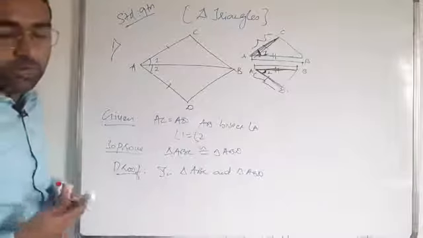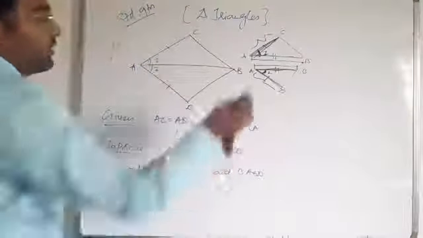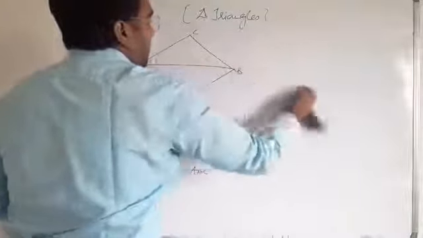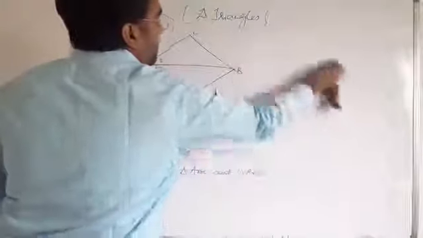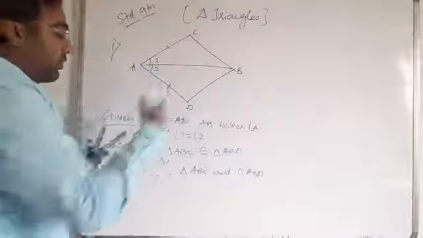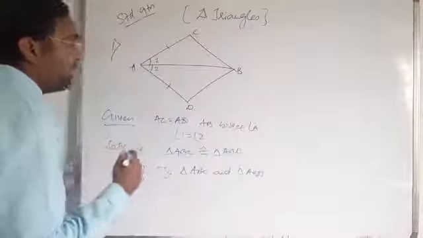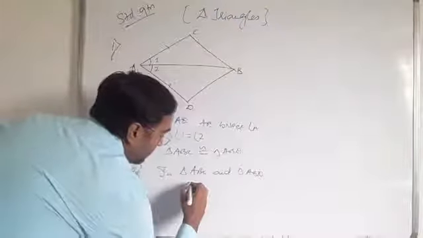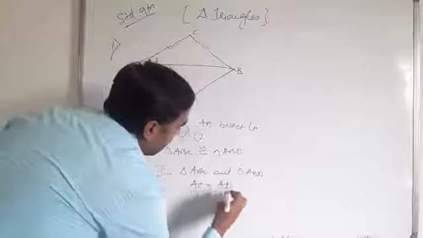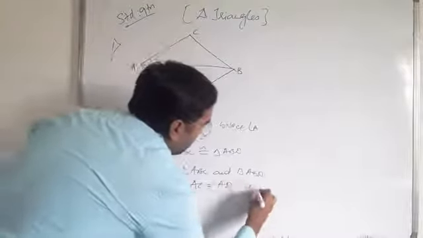So for these two triangles, I'll write the things which I'll show you. I'll write that AC is equal to AD, given in the question.